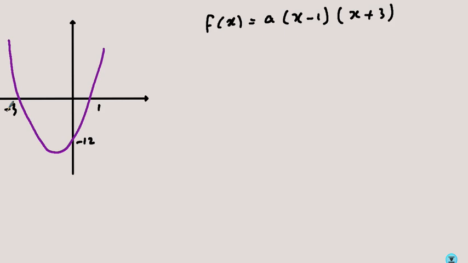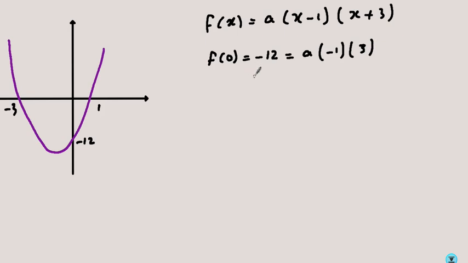Now, we don't know what the value of a is, but we have an extra piece of information, which is the y-intercept. The y-intercept occurs at x equals 0. So f of 0 equals negative 12 from the graph, and this equals a times 0 minus 1 is negative 1, 0 plus 3 is 3.